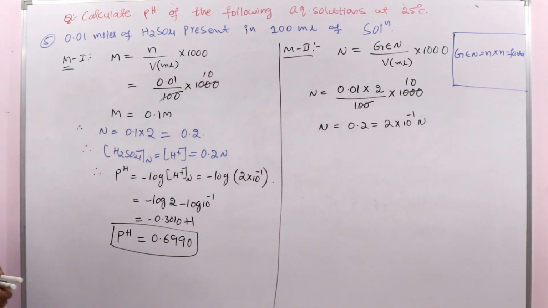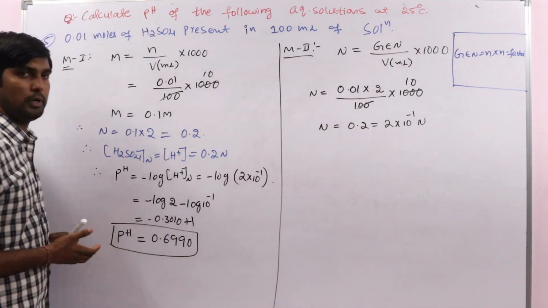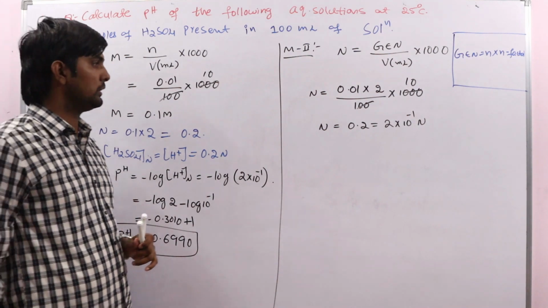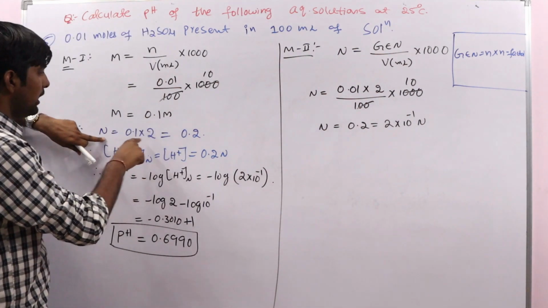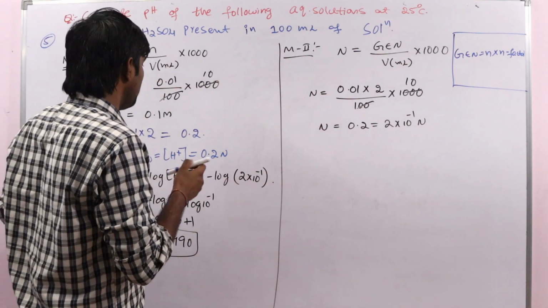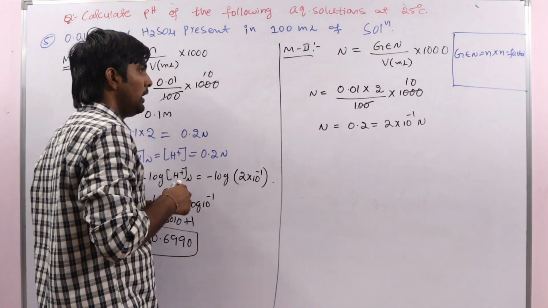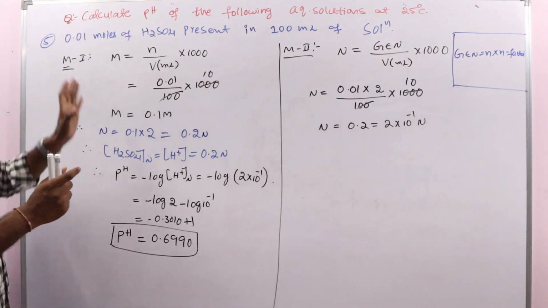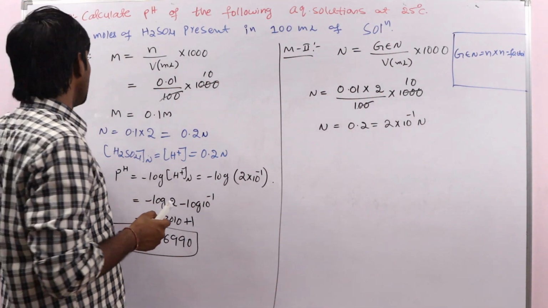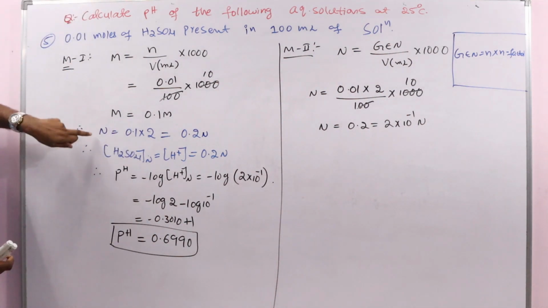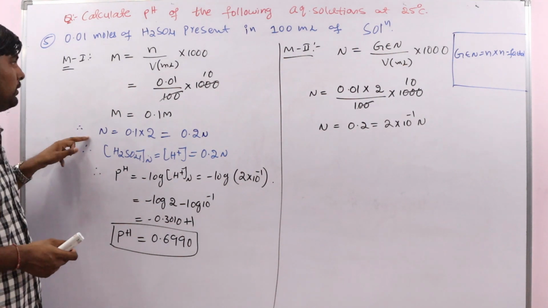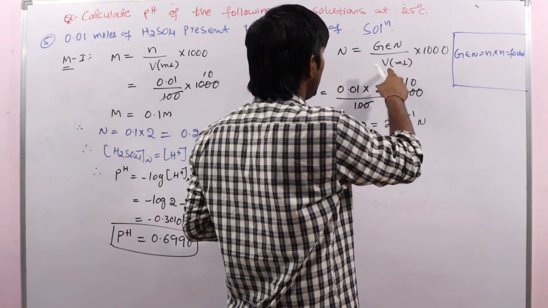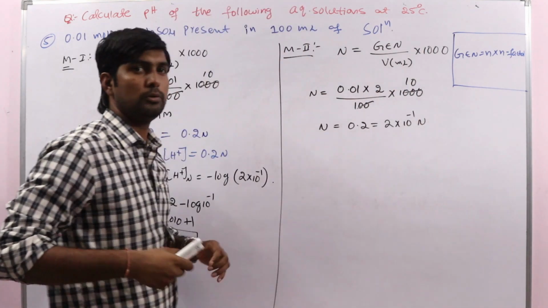From here onwards, same story. Write the pH formula and substitute, and we get the same answer. Here also we are getting 0.2 normal, and here also 0.2 normal. So you can proceed by any method: first calculate molarity and then calculate normality, or use the direct normality formula, number of equivalents by volume in milliliters into 1000.